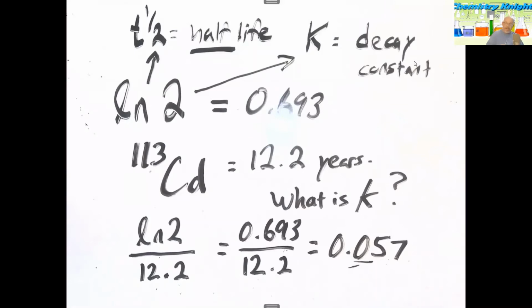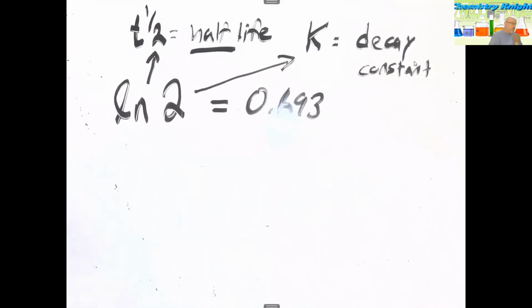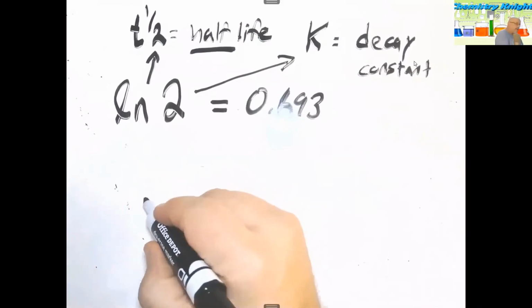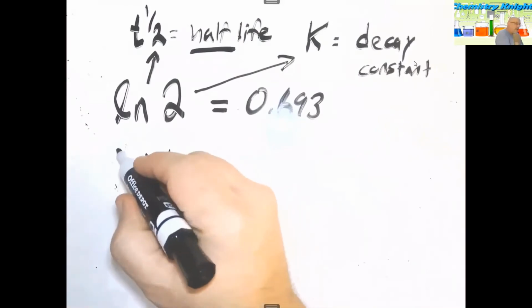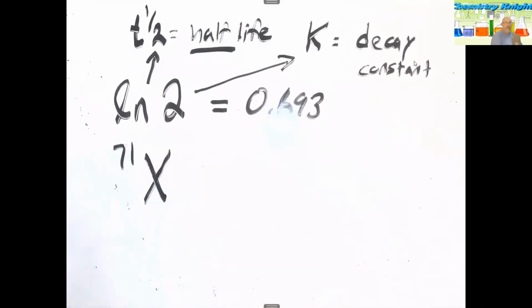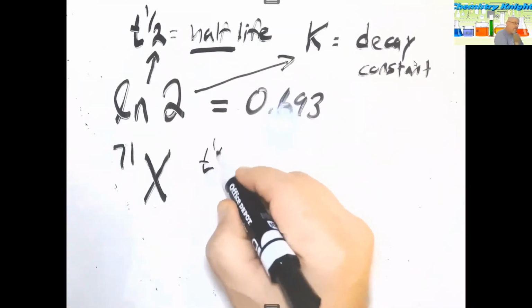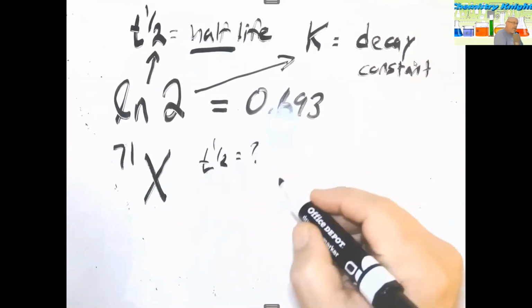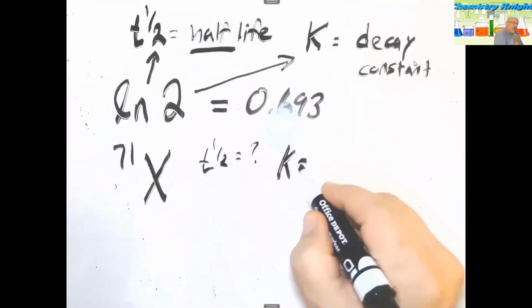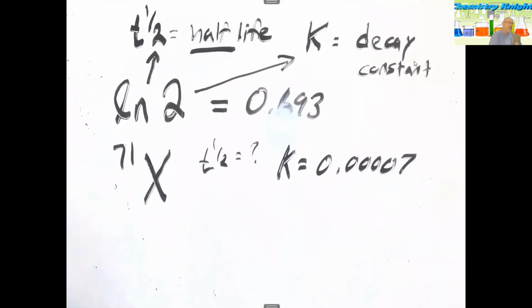All right. Let's imagine we can reverse this. Let's imagine that we have some element, and we'll call it X. And let's say that X has a number of 71. We don't know what element this is. Doesn't really matter. But we're going to say that the half-life is unknown. But we've determined the decay constant. We're going to say that the decay constant is 0.00007.